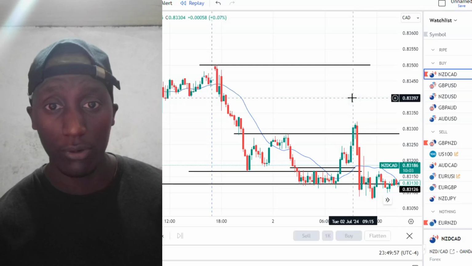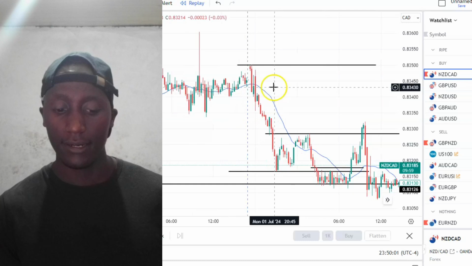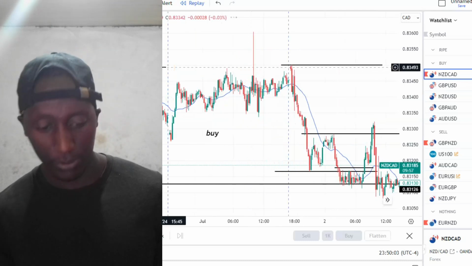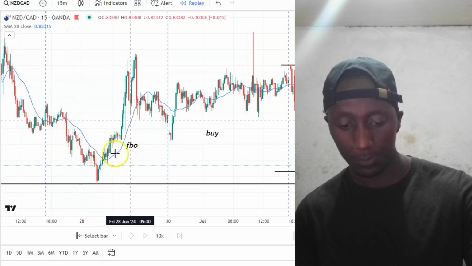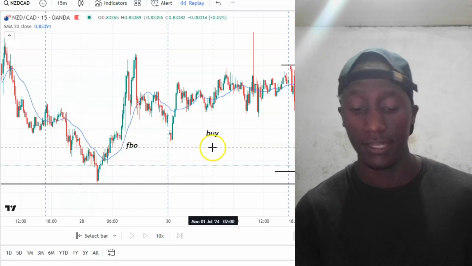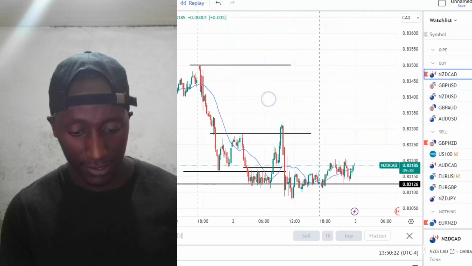Now the next example is NZD/CAD. I took this trade yesterday, and the reason I took it was because on Friday we had this failed breakout, which was a signal to start buying. Monday we did not have any buy setup, but on Tuesday let's analyze the price action.